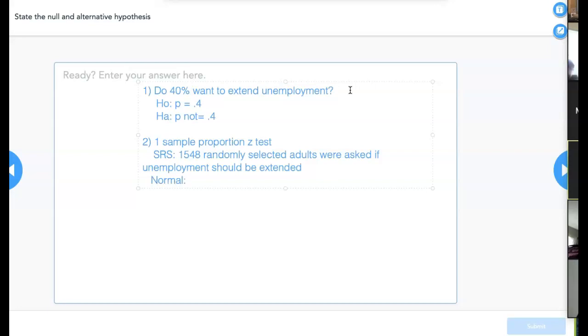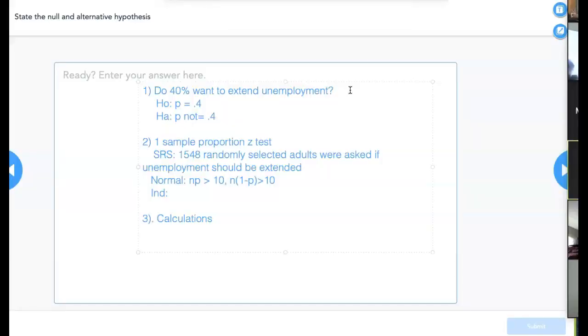One of the more important parts is checking for normality. That's n times p is greater than or equal to 10. N times 1 minus p is greater than or equal to 10. Now when you have proportions, let me just finish this off real quick. Independence. Step 3, we're going to do calculations, including z-score and p-value.